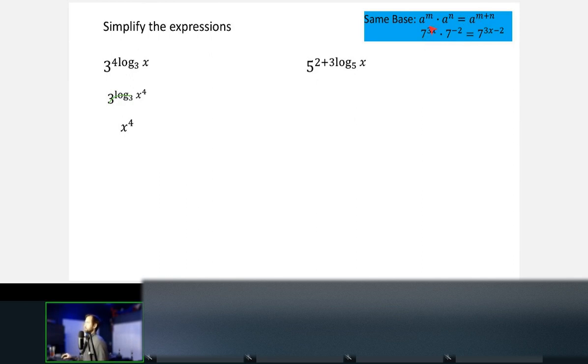Remember, same bases, you add the exponents. So for example, like 7 to the 3x times 7 to the negative 2. Well, look, same bases, so we add the exponents and combine it with the same base. So all we're doing here is we're going backwards. We're going to separate them to go from this form to this form. Yeah, so like Enzo says, we're going to have 5 squared.